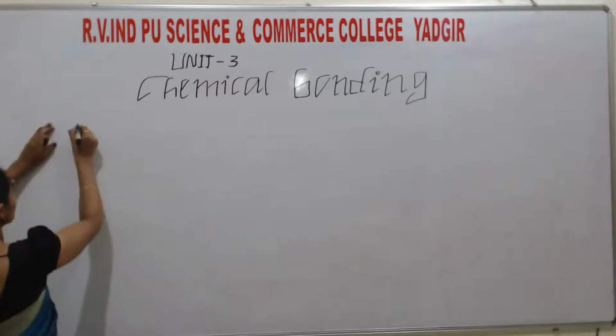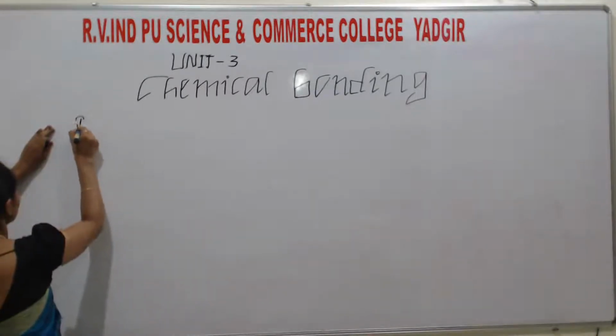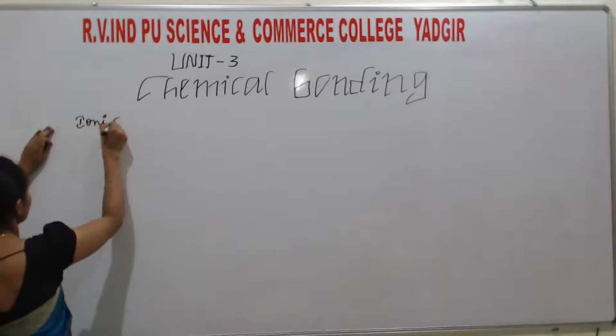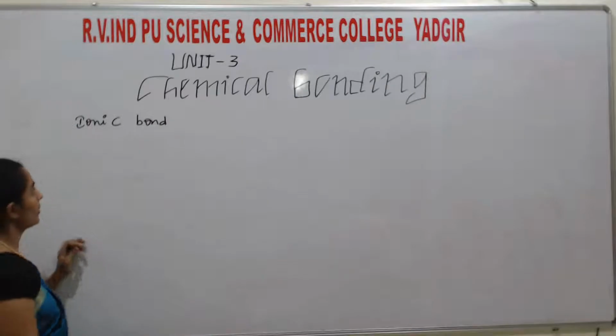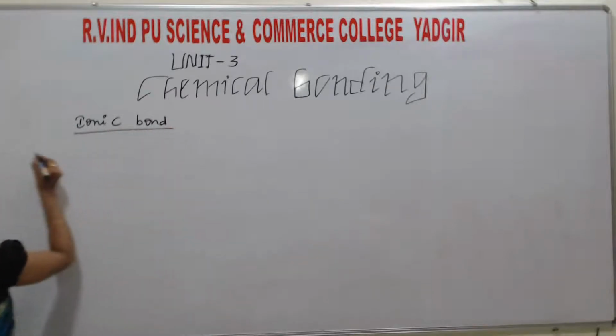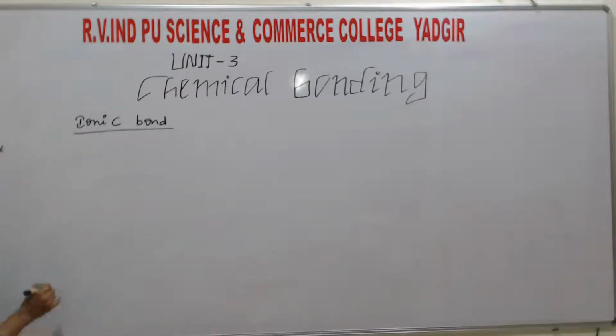Okay. So the first one is ionic bond. So what is ionic bond? Dear students, I'll write the definition first.